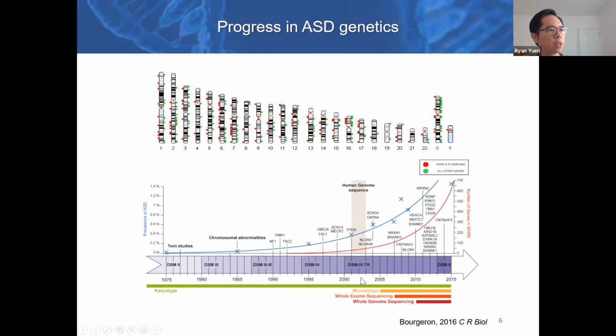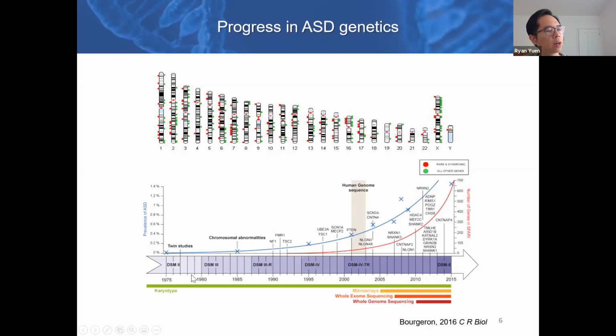And then you can see with the development of microarrays, exome sequencing, and whole genome sequencing, the number of genes involved in autism identified has exponentially increased. Some of the notable genes would be SCN2A and SHANK3, for example. You can also see that the prevalence of ASD is also increasing throughout the years.